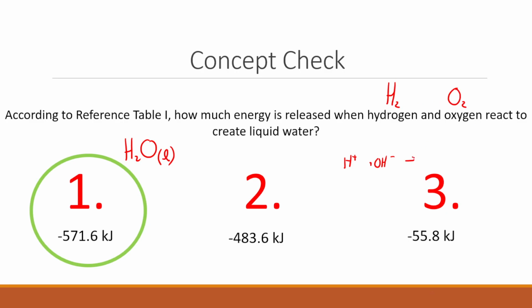Right? So we're not looking at this reaction, and we're not looking at this reaction. We want H2 and O2 making liquid water, not hydronium and hydroxide, and not making gaseous water.